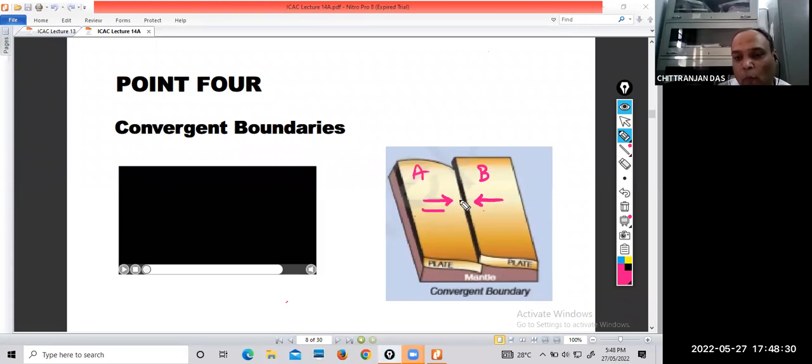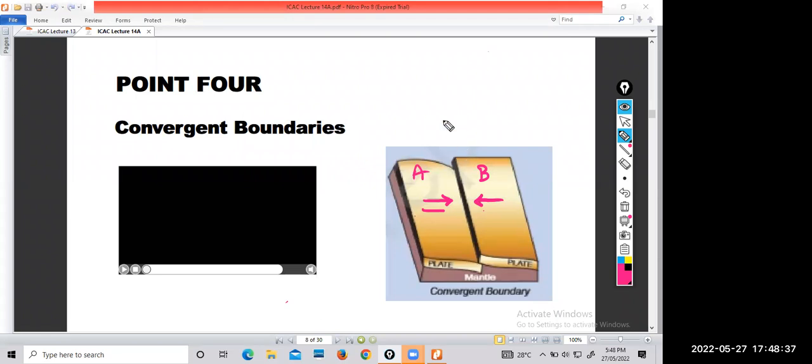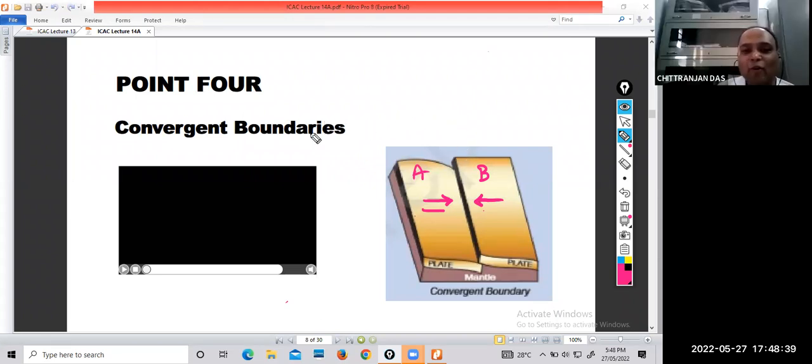That means two plates are moving towards each other. Very good. So this is called as the convergent boundary. Okay. So wherever the convergent boundaries are there, there their processes occur.